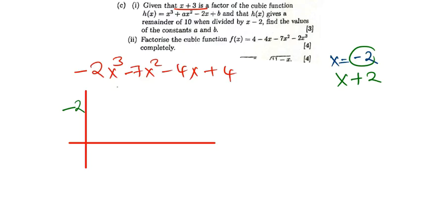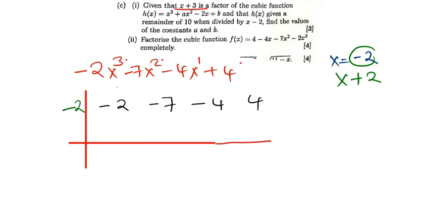So the coefficients are -2, -7, -4, and 4. Each time you're trying to use synthetic division or long division, ensure that the powers are in the normal order: 3, 2, 1, 0. If there's a missing power, let's say there was no x squared, we would have added a 0 where there's -7 to just represent that part.